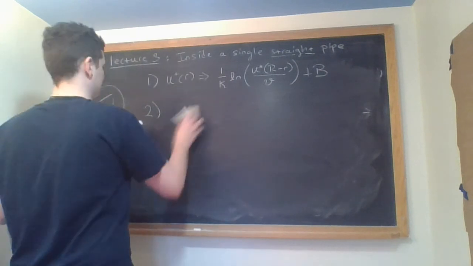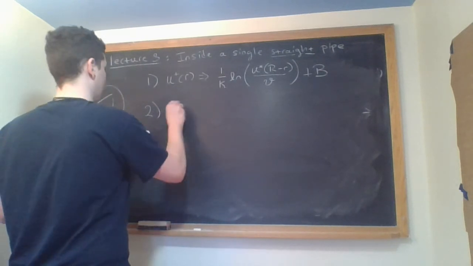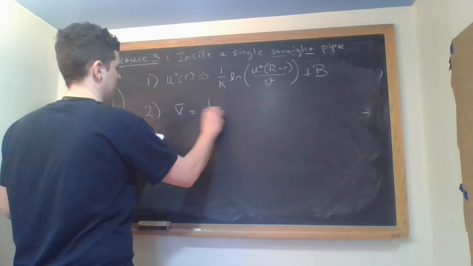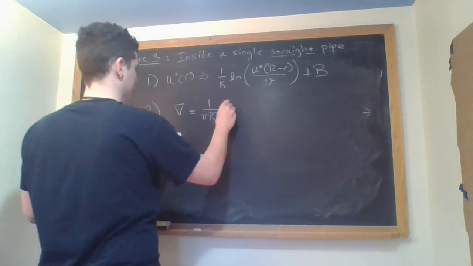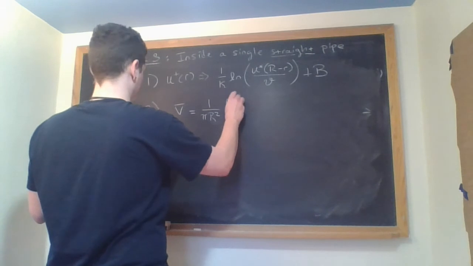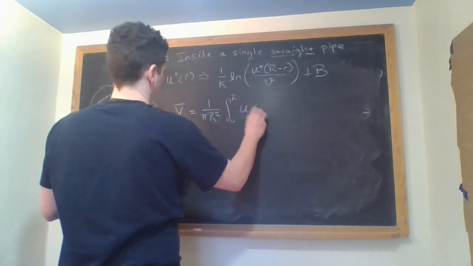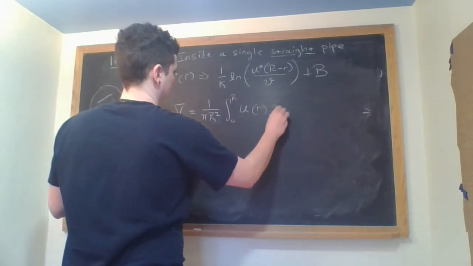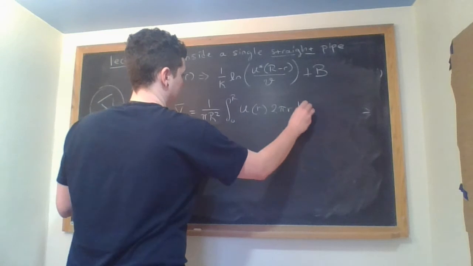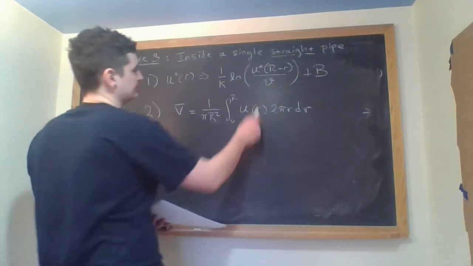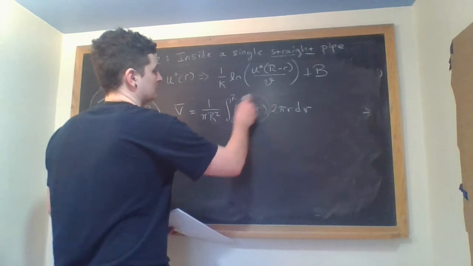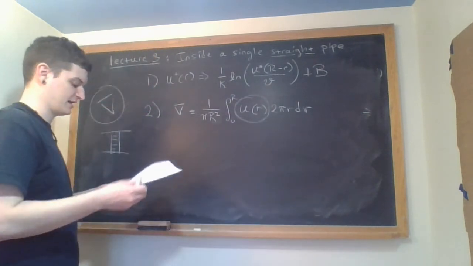Not too bad though, right? This is 1 over area. Same thing. The only difference is the function you're jamming in there.